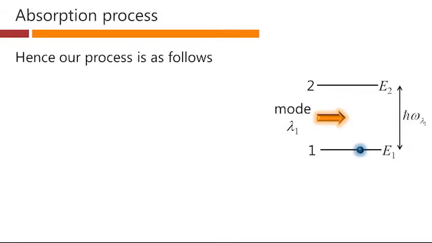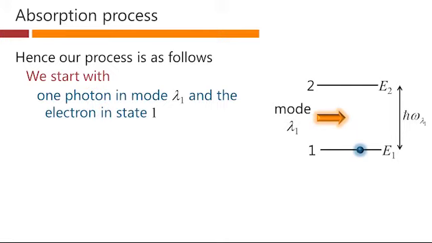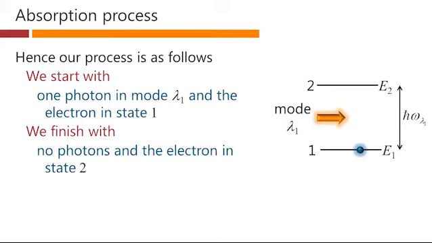So our process, therefore, is as follows. We start with one photon in mode lambda 1 and an electron in state 1. That was our choice of starting state, as we have here. And we finish with no photons and the electron in state 2. That was our choice of final state.